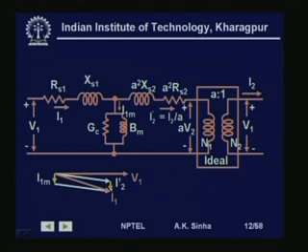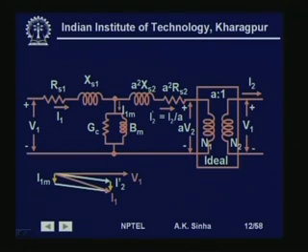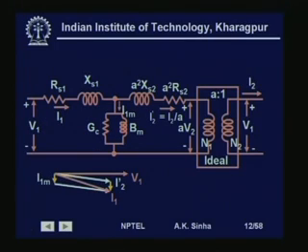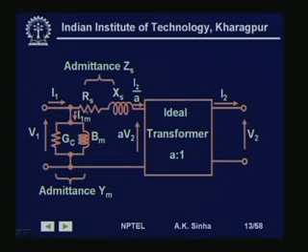So, the phasor sum, if we take, is going to be almost similar to this, that is, this I1 is going to be almost equal to I2 dash. Therefore, the error in assuming I1 is equal to I2 dash is not going to be very large, and if we make that assumption, then we can combine this like this.